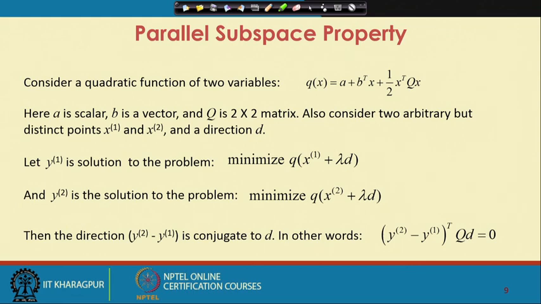Now, we will talk about two properties, the parallel subspace property and the extended parallel subspace property. Consider a quadratic function of two variables q(x) equal to a plus b transpose x plus half x transpose Q x. Here a is a scalar, b is a vector and Q is a 2 by 2 matrix. Also consider two arbitrary but distinct points x1 and x2 and a direction d.